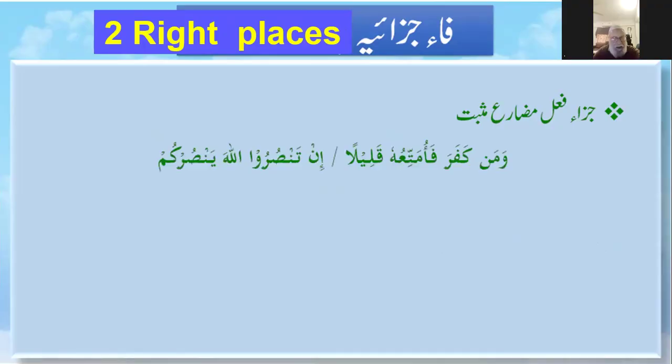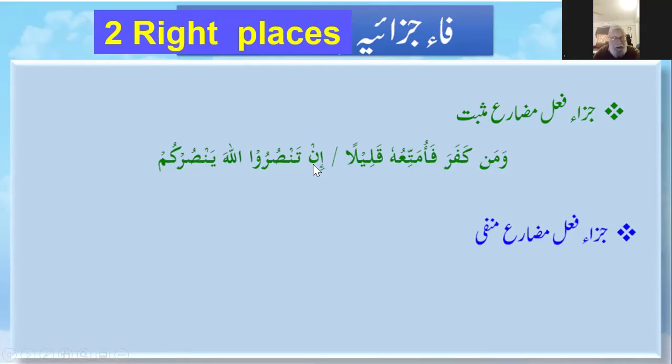Just like wa man kafara fa umatti'uhu qalila. Look, umatti'uhu qalila: here the fi'l mudari is coming positive, so we use fa. But on the other hand, in tansurullaha yansurkum, it's again a mudari, positive, but here we have not used that. So one place is that fi'l mudari musbat, you may use fa or may not use fa.